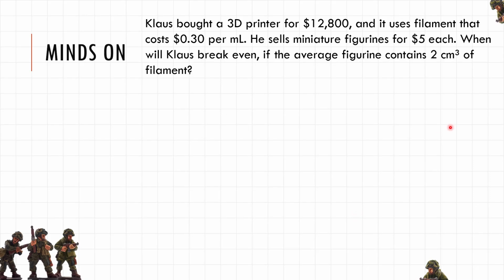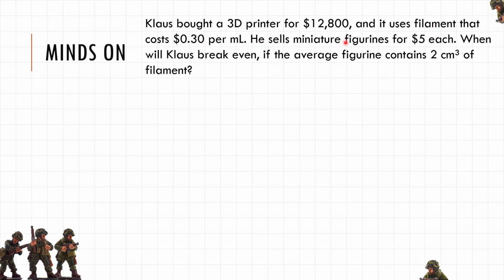To start off, let's check out this problem here. Klaus bought a 3D printer for $12,800, and that's about the price that a commercial 3D printer goes for. And when Klaus prints his miniature figurines, it uses filament, and that filament costs 30 cents per milliliter.